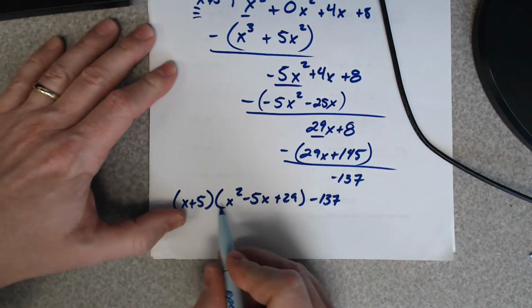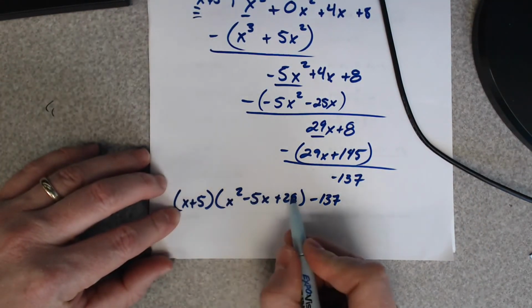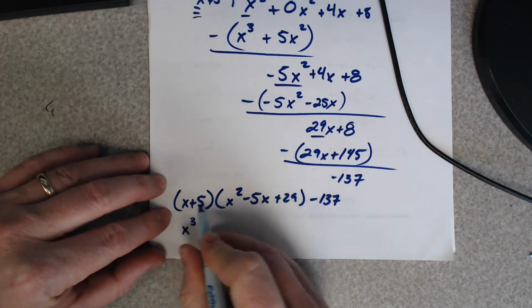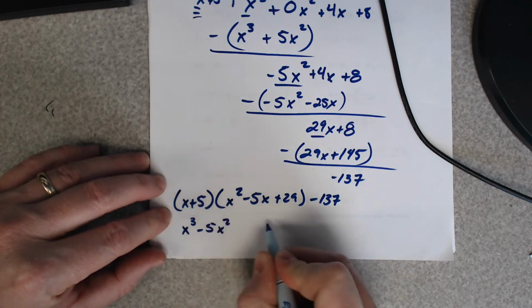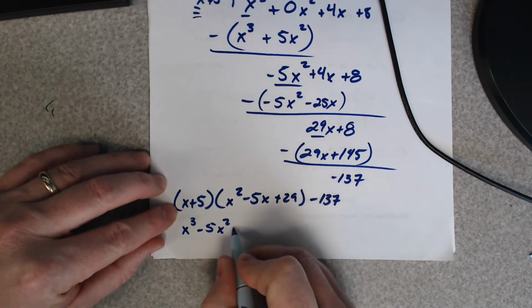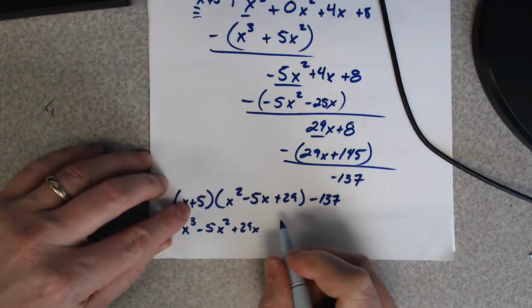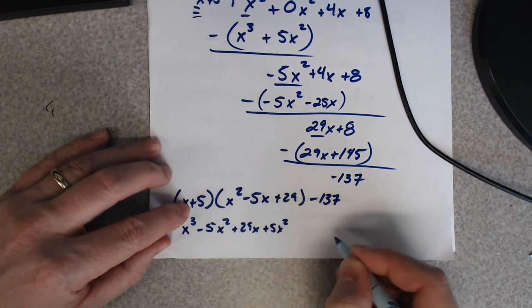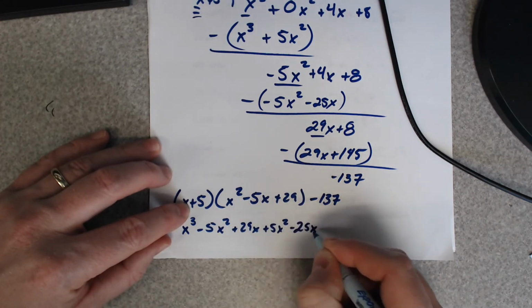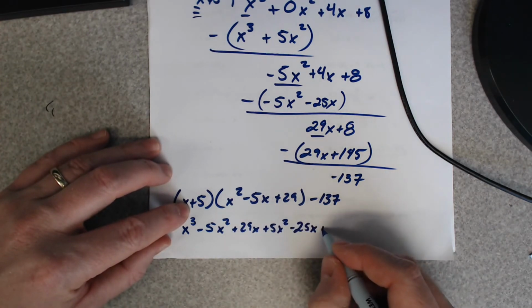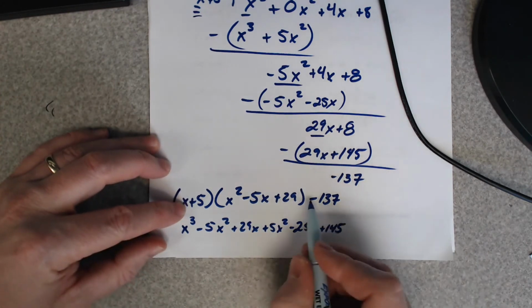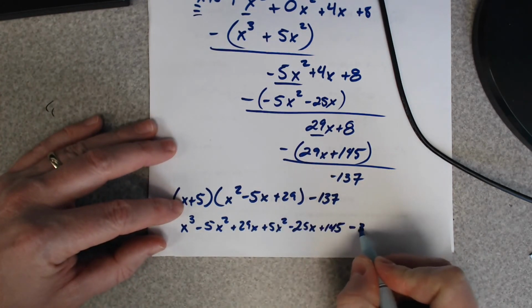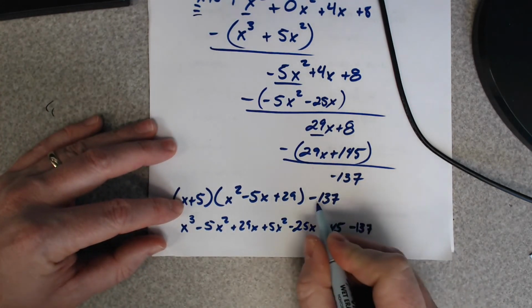So let's see, you're going to distribute the x to everything. x cubed, negative 5x squared, plus 29x. Then everything gets multiplied by 5. And don't forget the remainder that we're going to subtract away because it's negative. We say minus.